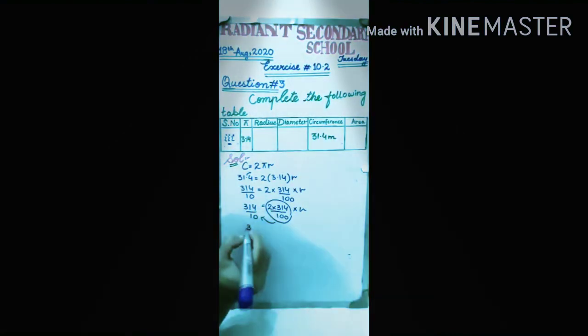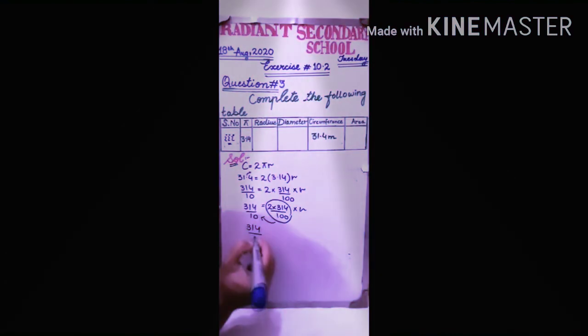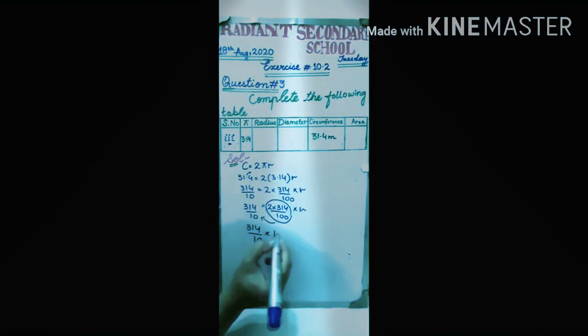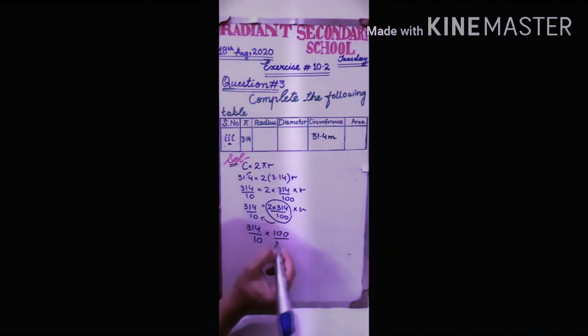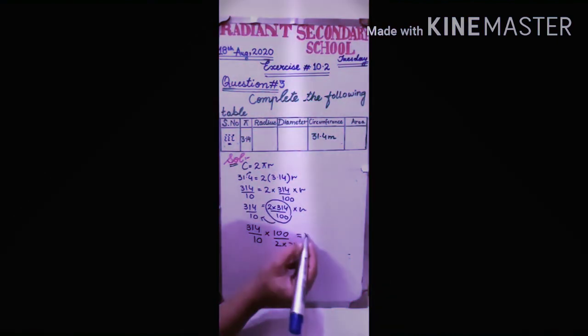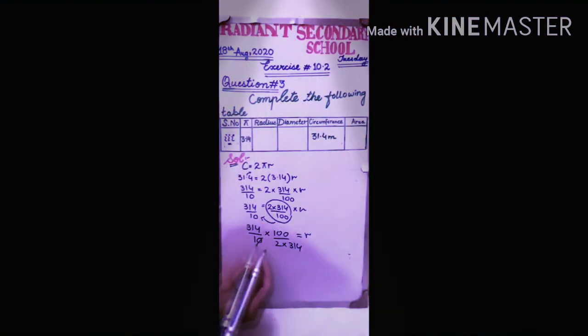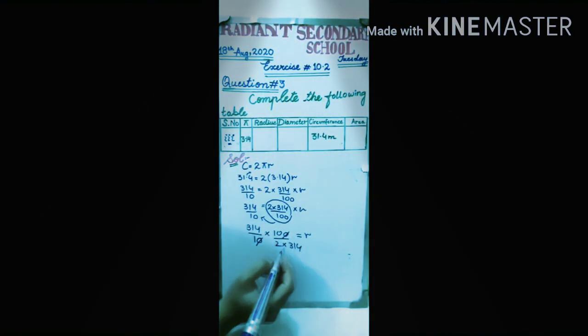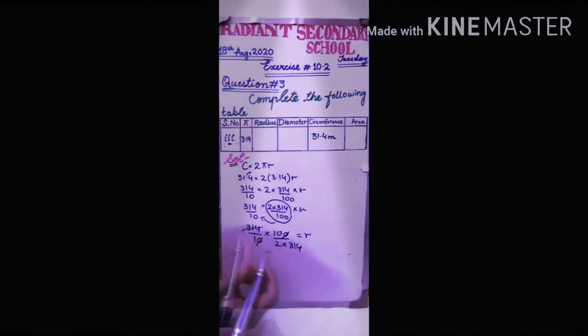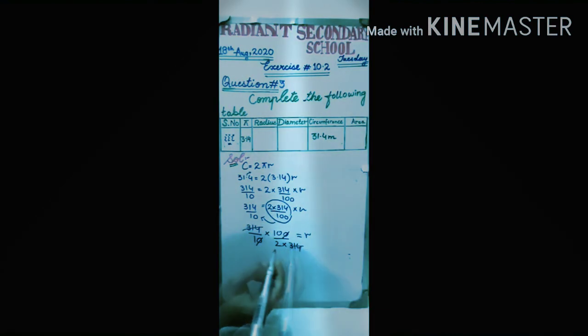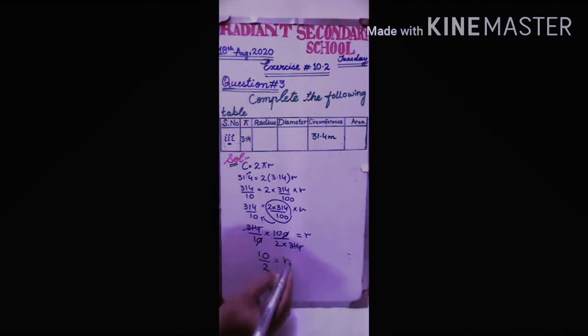It will become reciprocal like this. 100 over 2 multiplied by 314 is equal to r. Now this 0 can be cut with this 0 and 314 can be cut with this 314. Here 10 by 2 is remaining is equal to r.